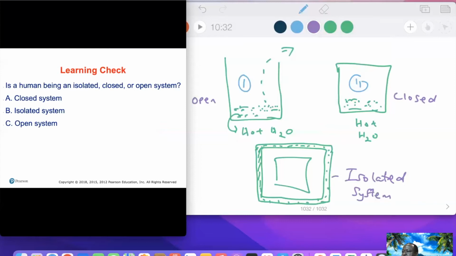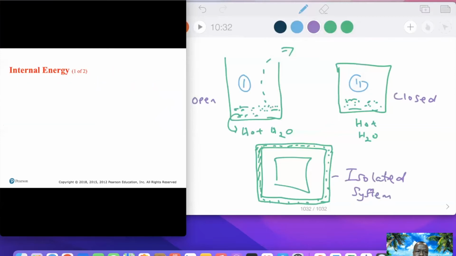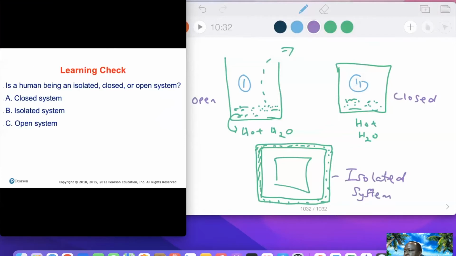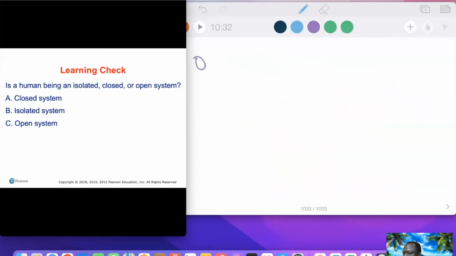It is an open system because it loses both heat to the surroundings and mass. Human being is an open system because it loses both heat and mass.